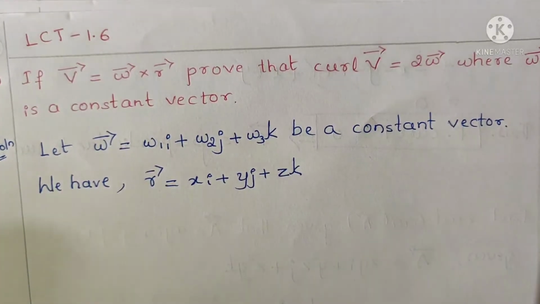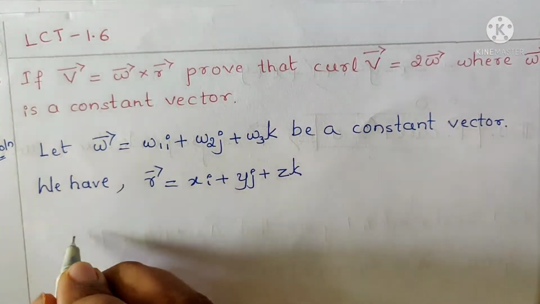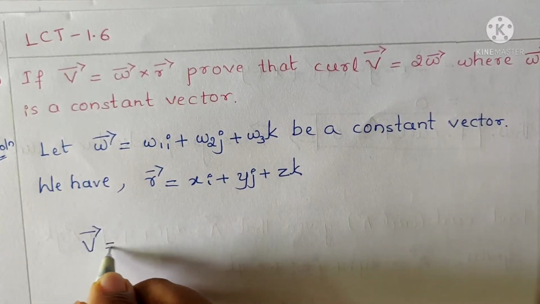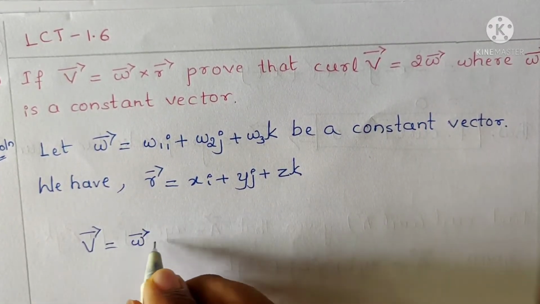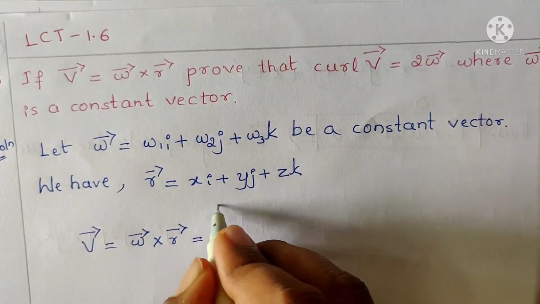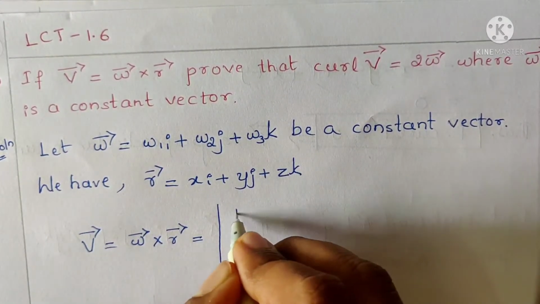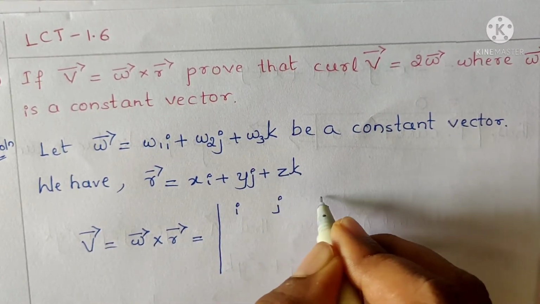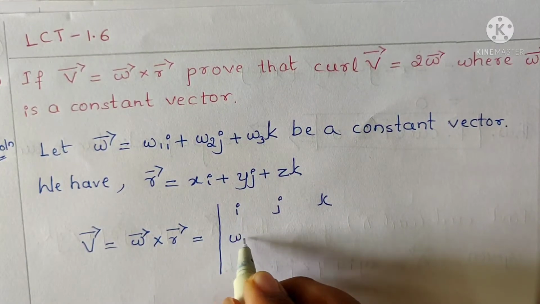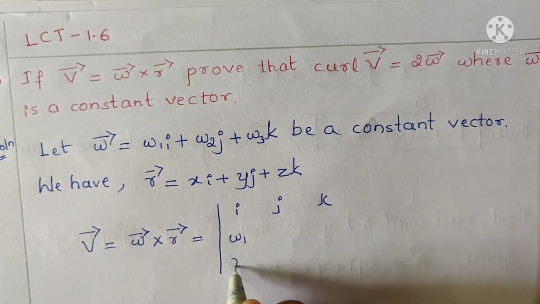So now vector v is equal to w cross r. So this is equal to the determinant of i, j, k. For these two vectors, the coefficient of i is w1 and here it is x.